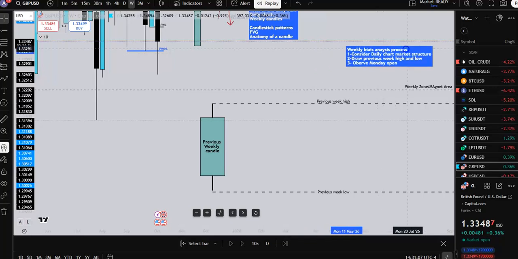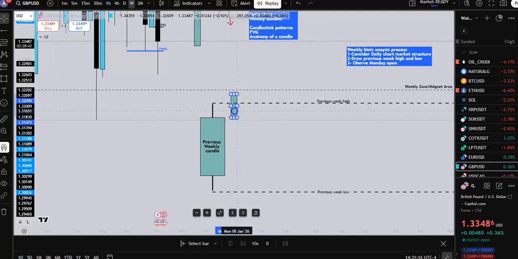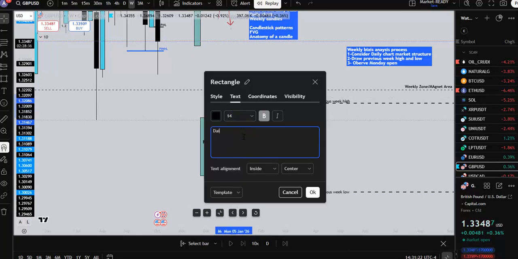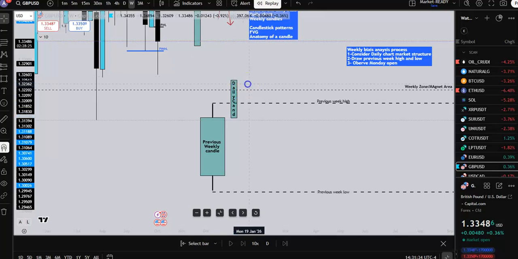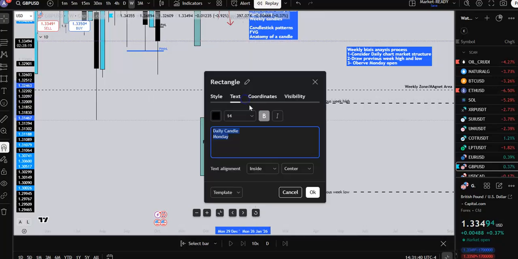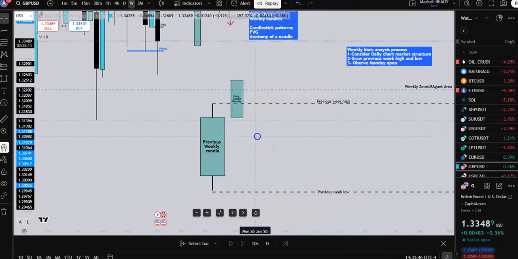In a bullish scenario, on Monday open, we're going to take the previous week high. So this is a daily candle. This is Monday. We close above it. To make a daily candle, we'll make it much smaller. Daily candle one. Close above it, we can sweep it.